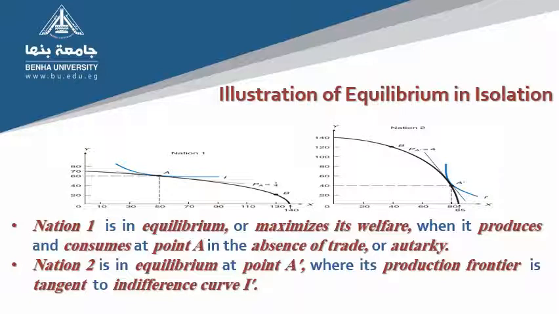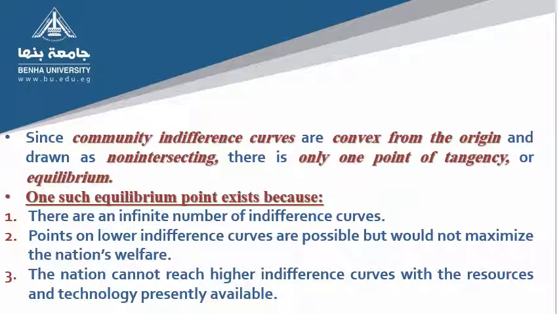Similarly, indifference curve 1' is the highest indifference curve that nation 2 can reach with its production frontier. Thus, nation 2 is in equilibrium at point A', where its production frontier is tangent to indifference curve 1'. Note that since community indifference curves are convex from the origin and drawn as non-intersecting, there is only one point of tangency or equilibrium.